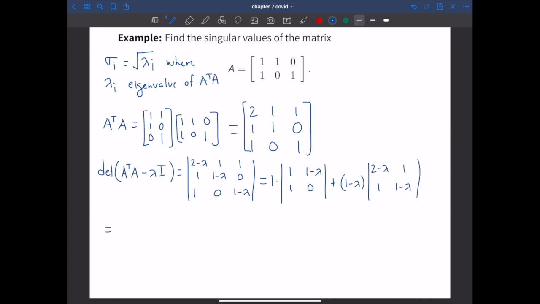This determinant here is 1 times 0 minus 1 minus lambda times 1, so this is going to be minus 1 minus lambda there. And this determinant is 2 minus lambda times 1 minus lambda minus 1 times 1.